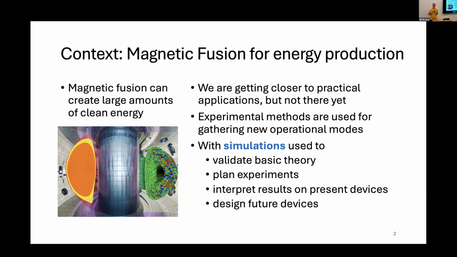And the reason is, yes, you have to try stuff out to see how they work, but you need the feedback from the theory to actually understand what is going on in the detector and to plan what to do next after you see what you got from the detector. And of course, whenever you see a measurement, why it happened, that's where the theory comes in. And a lot of that is driven by simulations.